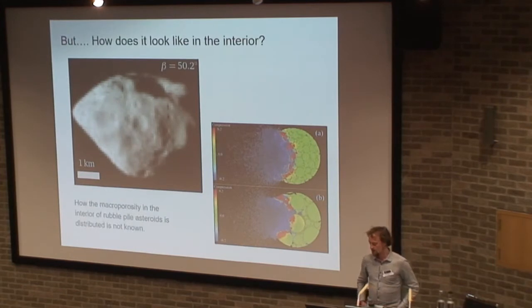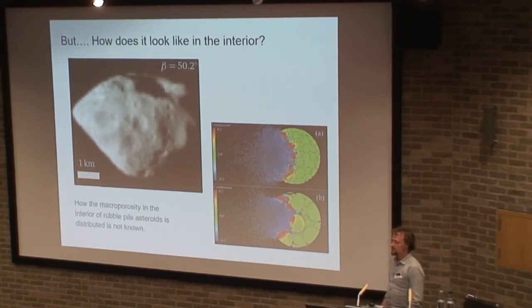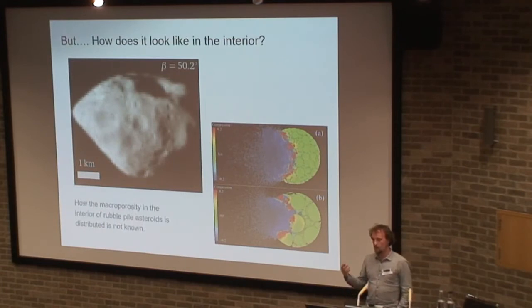So there was, for example, here on this image, it's asteroid Steins, which was imaged by OSIRIS on the Rosetta mission. And so there are only indirect methods nowadays to infer the actual structure of a rubble pile asteroid.